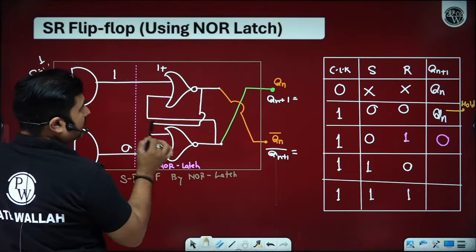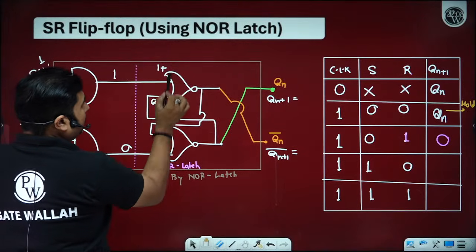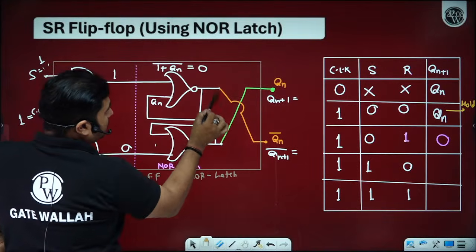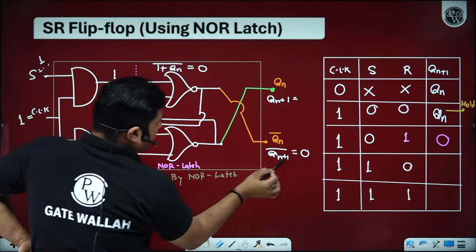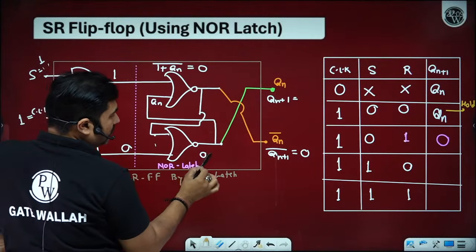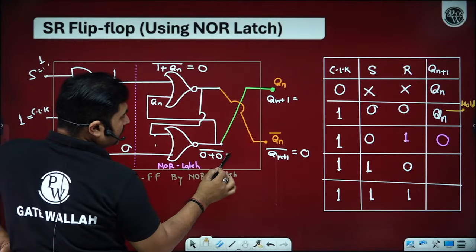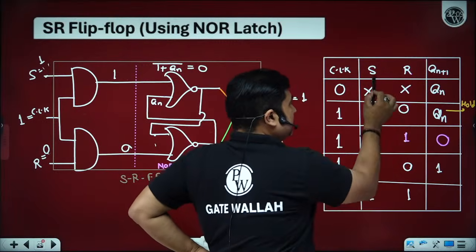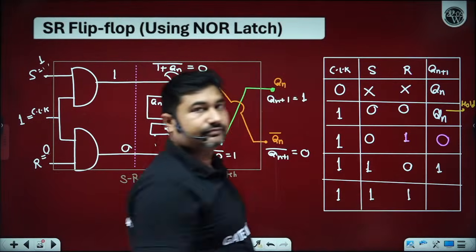The next input is Qn. So 1 plus Qn is 1 only, and its complement will become 0. So this state will become 0. Now when it stabilizes to 0, 0 plus 0 is 0, and its complement is 1. So we are getting 1 here. In case set is high, we are getting 1.